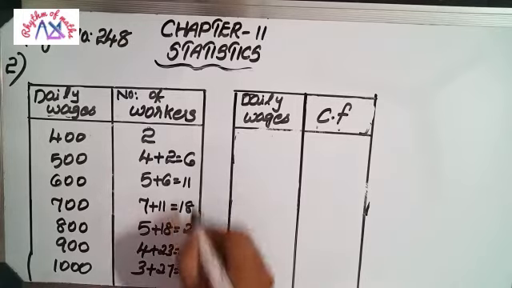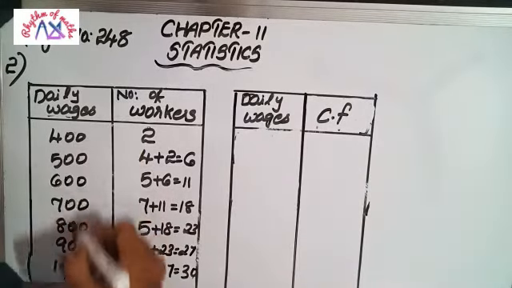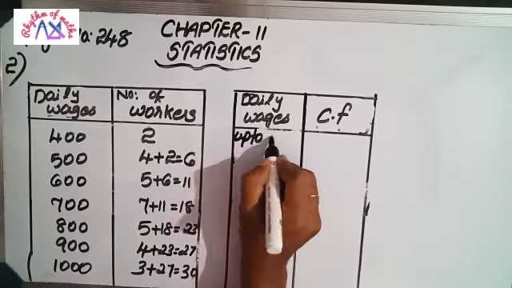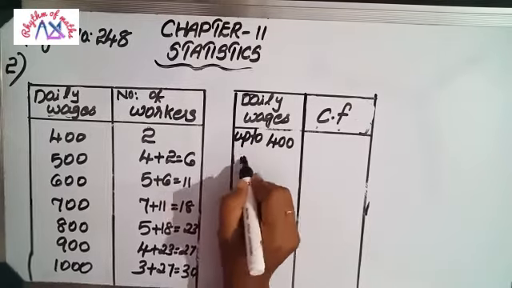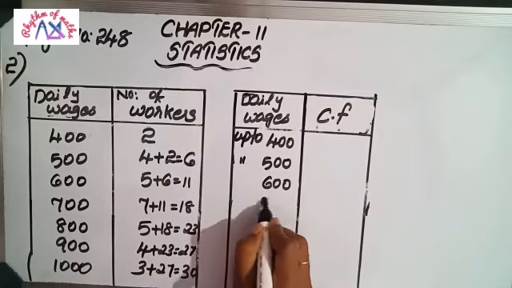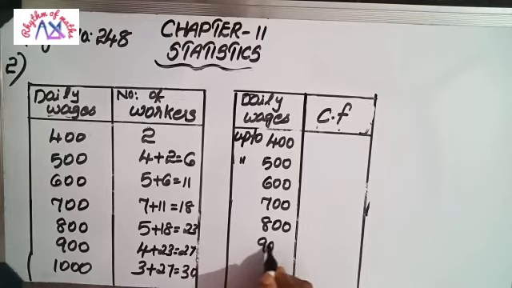Okay, those values we have to write here. Before that, in the first column, we need to write these values with up to. So up to 400, up to 500, up to 600, up to 700, up to 800, up to 900, up to 1000.